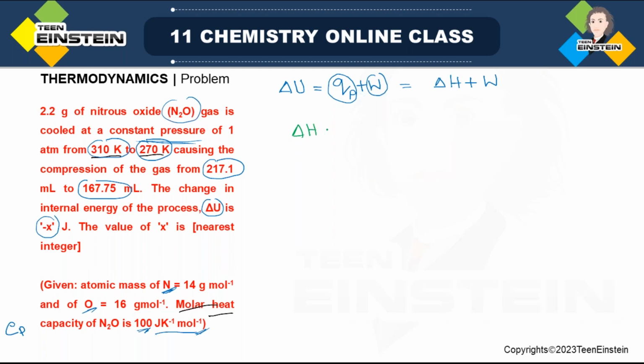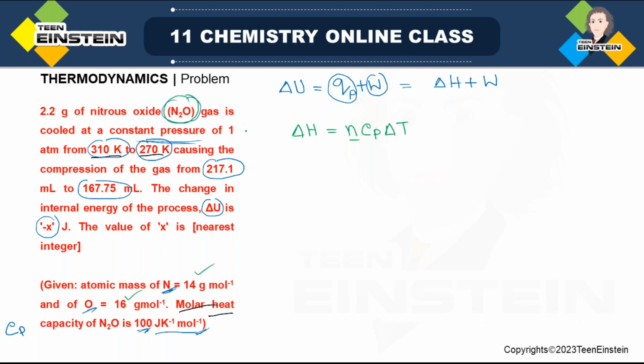Now del H, how is it related to Cp value? It is n Cp del T, right? Now here you need the value of number of moles, but that is not directly given, you have to find it. So to find that, you should know the molar mass of N2O, because atomic masses are given.